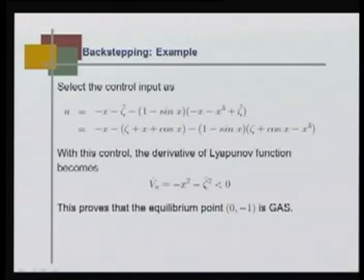So, selecting u to be minus x minus xi tilde minus 1 minus sin x, and replacing xi tilde as xi plus x plus cos x, we get V a dot is minus x square minus xi tilde whole square, and this proves the equilibrium point is globally asymptotically stable, because this is always negative definite.